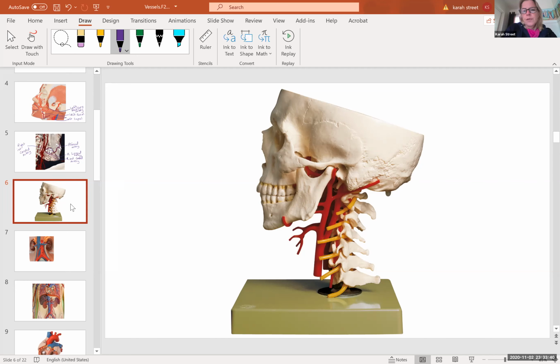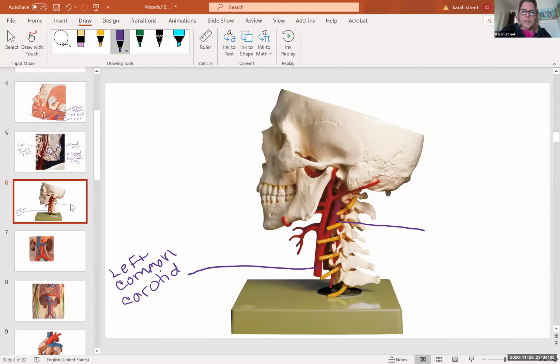So down here, first of all, let me draw it this way, and we're seeing the left side of the person's face. This is the left common carotid. Okay, and then this one over here, if you follow it, I'll draw it with my purple.